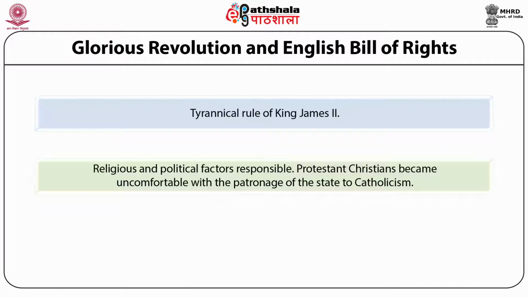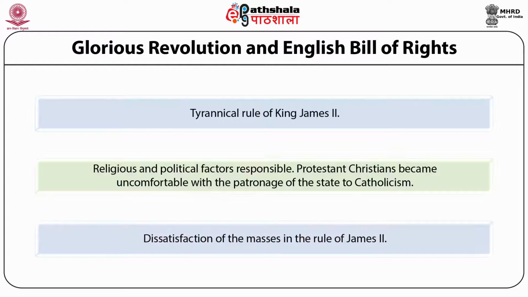Protestant Christians, who became a numerical majority at that point of time, became very uncomfortable with the patronage of the state extended to the Catholics, and spurred by the development of democratic traditions and ideals of democracy, there was dissatisfaction amongst the masses in the rule of James II.